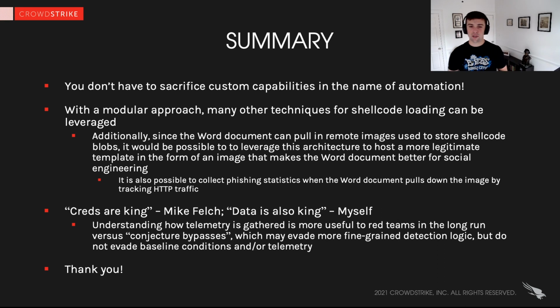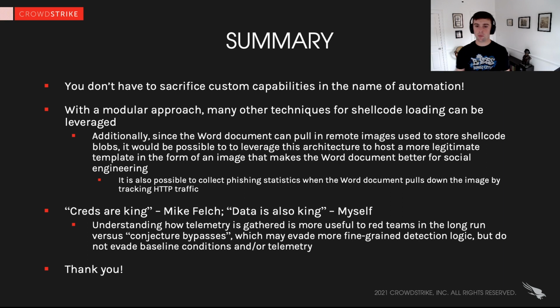And as my old manager, Mike Felch, once said, creds are king. I myself say data is also king. If we can understand how telemetry is actually gathered by a sensor, this is more useful to a red team for evasion purposes in the long run versus your more quote-unquote conjecture bypasses.